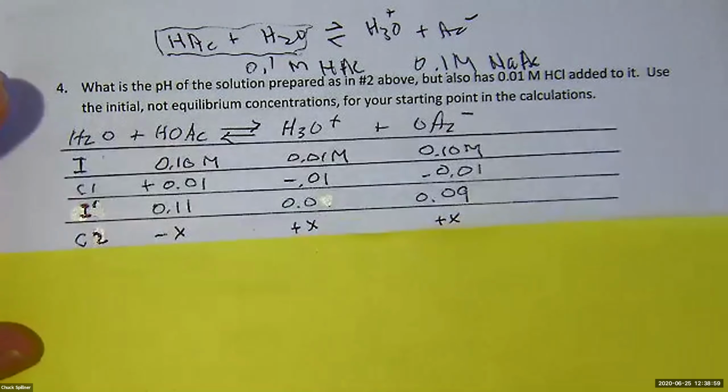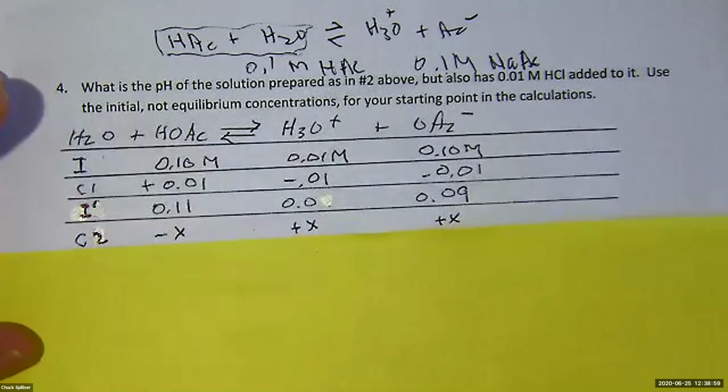So let's plug those into our equilibrium constant. K equals 1.8 times 10 to the negative 5 equals X times 0.09 divided by 0.11. So X is equal to 1.8 times 10 to the negative 5 times 0.11 divided by 0.09.